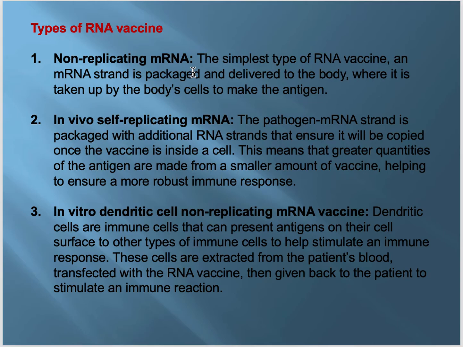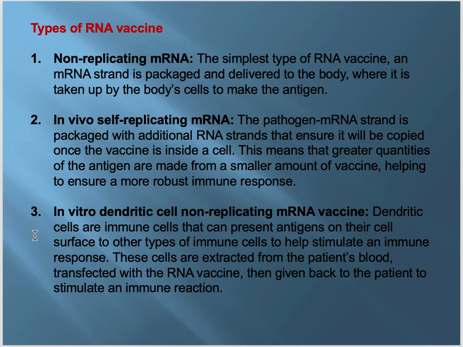There is also the in vivo self-replicating mRNA vaccine. In this case, the pathogen messenger RNA strand is packaged with additional RNA strands that ensure it will be copied once the vaccine is inside a cell. This means that greater quantities of the antigen are made from a smaller amount of vaccine, helping to ensure a more robust immune response. This strategy was applied in the Moderna vaccine.